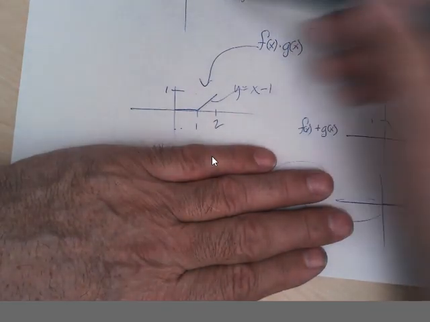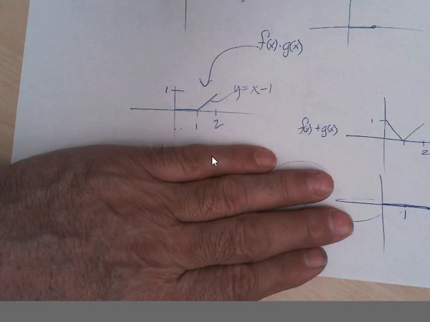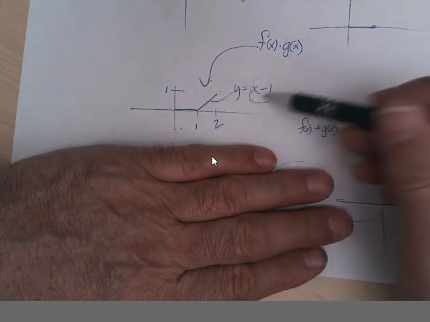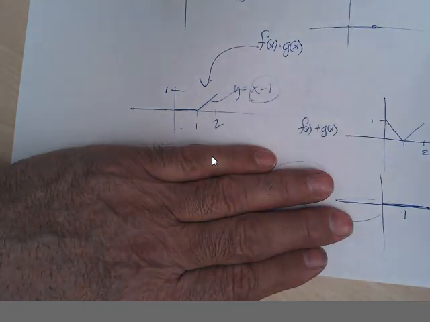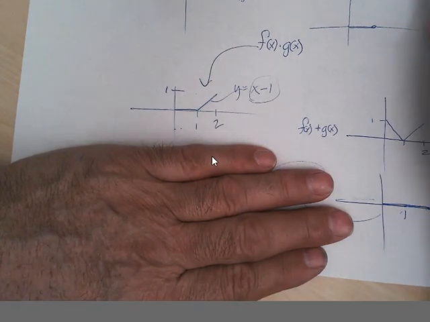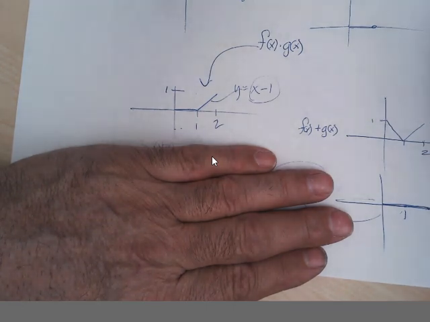So if I multiply two lines, in other words, multiply this times this, I'm going to get not a line, but a parabola. Minus x plus 2 times x minus 1, that's minus x squared, plus x, plus 2x, minus 2.